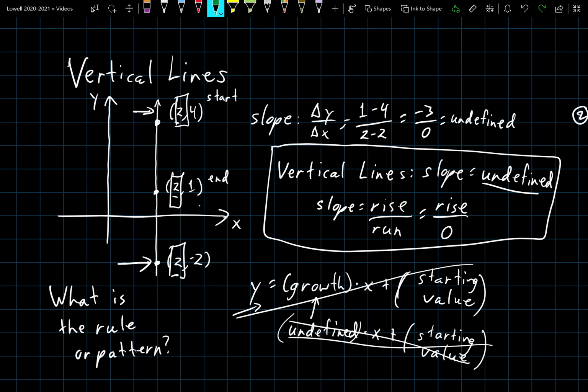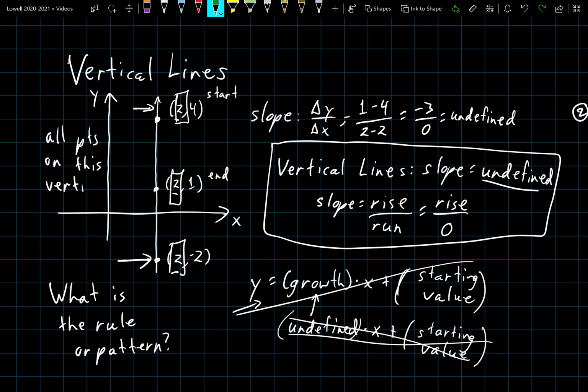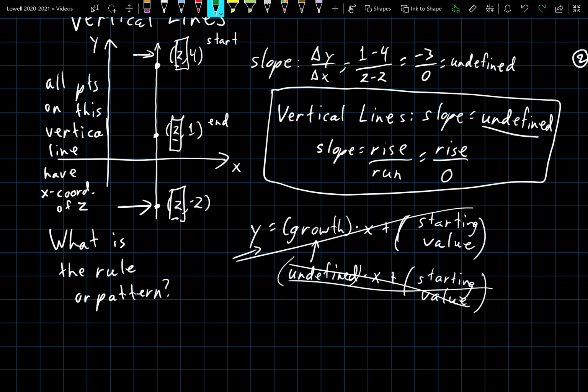But if we're going vertically, straight up and down, then their x coordinate doesn't change, and therefore it stays the same between all the points. And so the thing that's common here is that all points on this vertical line have an x coordinate of 2. And therefore the equation of the line is simply x equals 2.